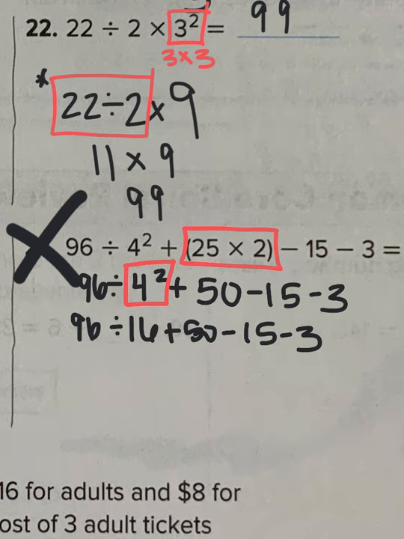After parentheses and exponents, we have multiply and divide from left to right. We do have division. So 96 divided by 16 will give us 6.